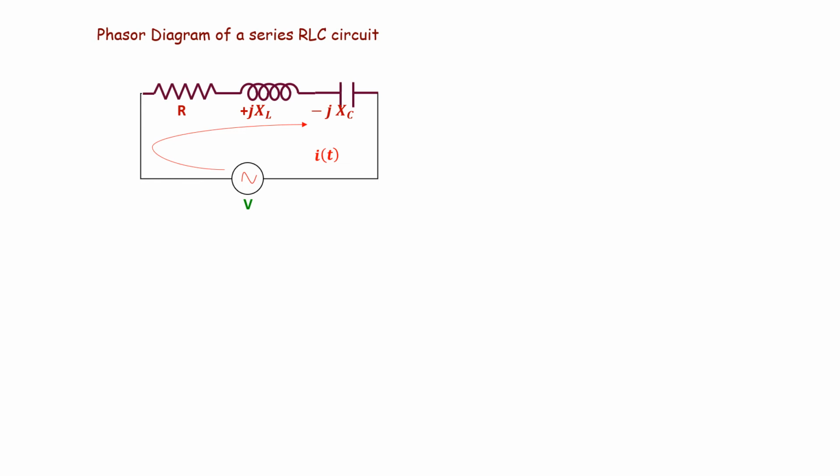A current i of t will flow in the loop of this circuit. This current is a common parameter for all the three elements. Because of this current flowing in all the three elements, there appear the voltages across R, which will be VR, across L, it will be VL, across C, it will be VC.